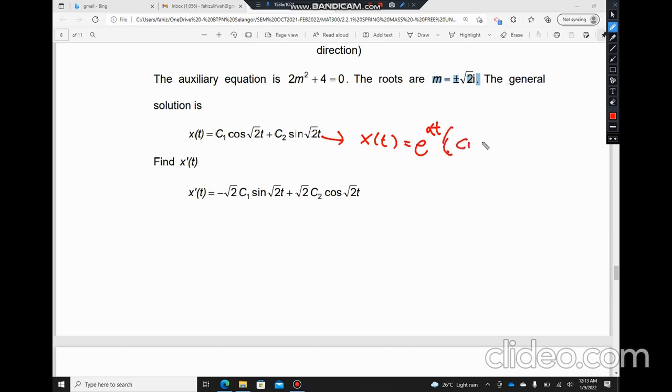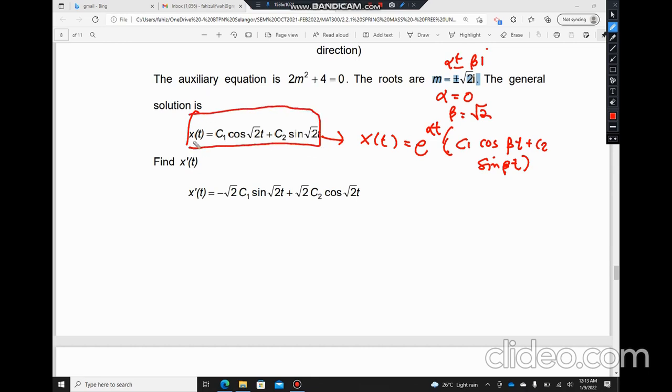C1 cos beta t plus C2 sin beta t. So kat sini dalam case ni alpha plus minus beta i, this one alpha equals to 0, beta equals to square root 2. So that's why you get this general solution. Solution dia tetap sama, cuma yang bezakan adalah step yang atas tadi, bila awak nak kumpulkan information.